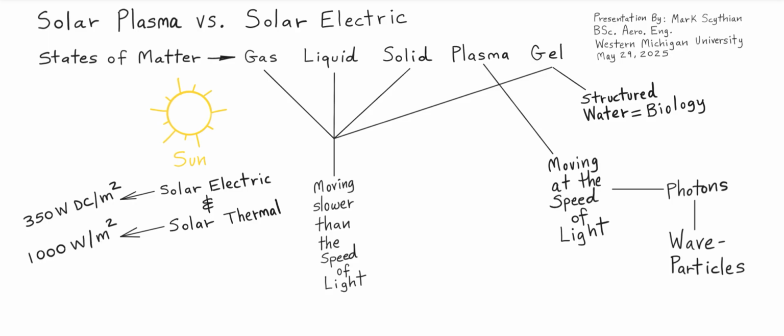But that is sourced from 1,000 watts per square meter of solar thermal or solar heat power.